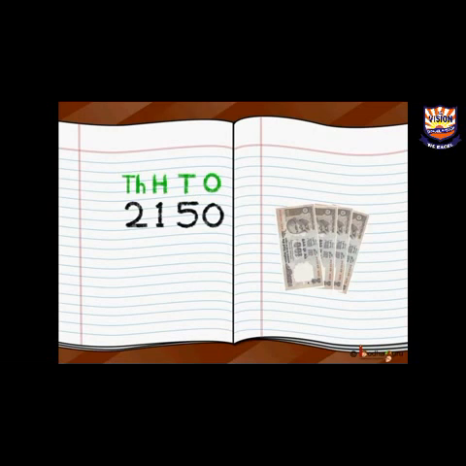Now let me give you one more example. We have a 4 digit number with ones, tens, hundreds and thousands: 2150, and with this we have to add another 4 digit number, 1150.